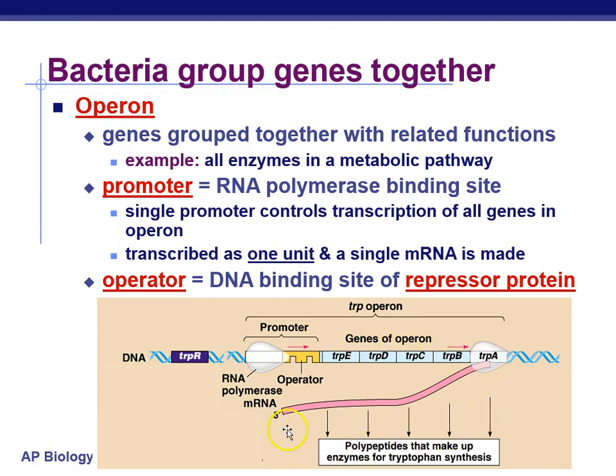And as you can see, if we do go ahead and we make an mRNA transcript of the genes, that mRNA transcript has a complementary copy made from DNA of all these genes right here. All 5 of them are in this mRNA transcript, and remember that would then travel to the ribosome to be made into proteins. All right, we have the actual promoter region here.